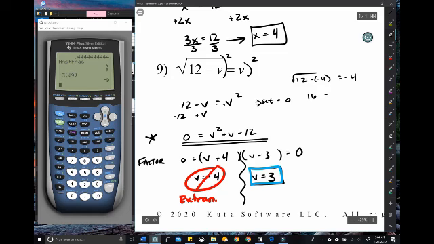Well, that's 16, square root, and positive 4 is not equal to negative 4. So the negatives are typically always extraneous. Not always, just typically always. In future courses, it may not be the case.